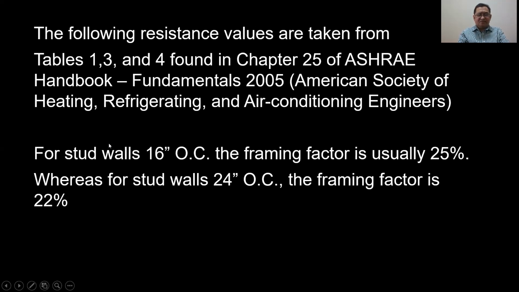For wood walls at 16 inches on center, the framing factor is usually 25% of the wall area, whereas for stud walls at 24 inches on center, the framing factor is 22%.